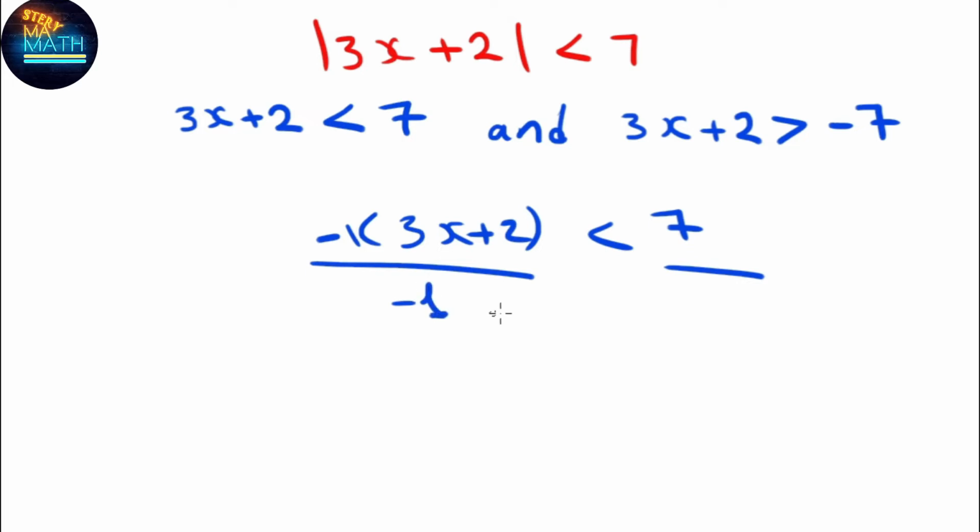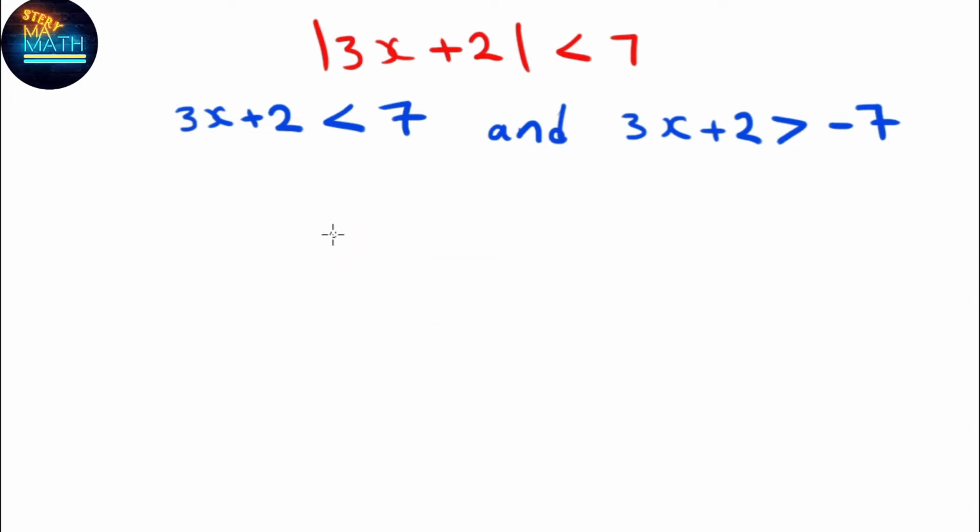So here divided by -1, and also here divided by -1. And when you divide by a negative, you will change the sign of the inequality. The direction will change. So 3x plus 2 is greater than 7 divided by -1, which is -7. And that's why we flip the sign and we change the sign of the number.